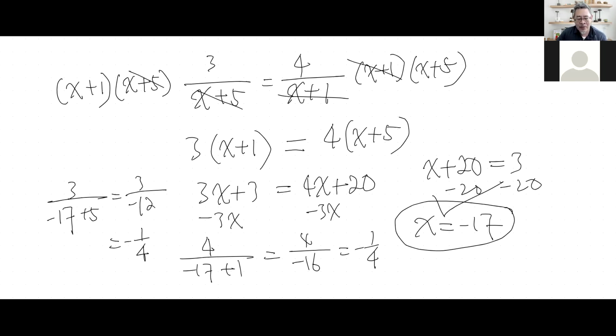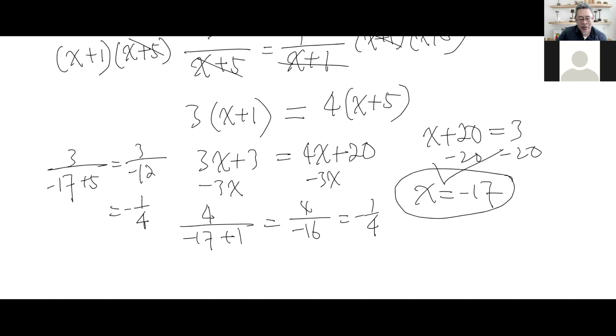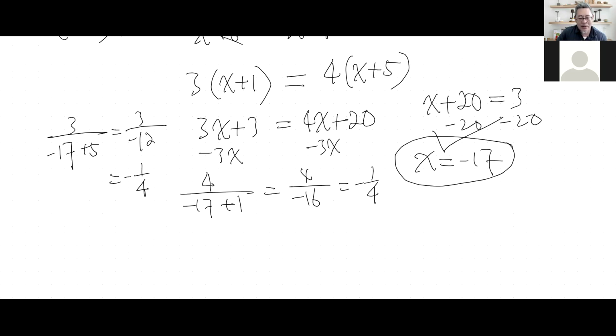Make sure we want to get rid of x from either side. We can either get rid of it from the left-hand side or from the right-hand side. If we do it on the right-hand side, then we'll get negative x. You can still do it. Personally, I like dealing with positive.